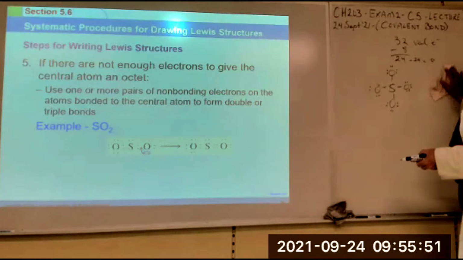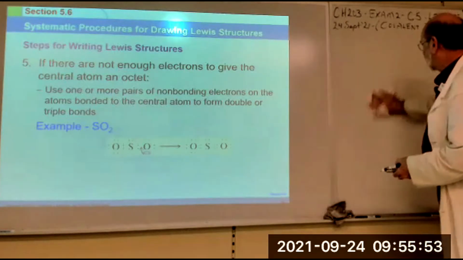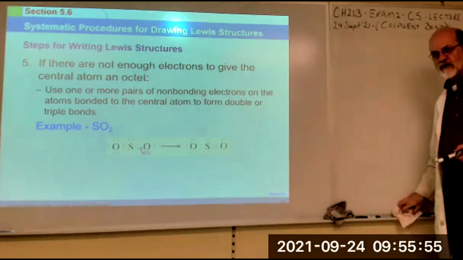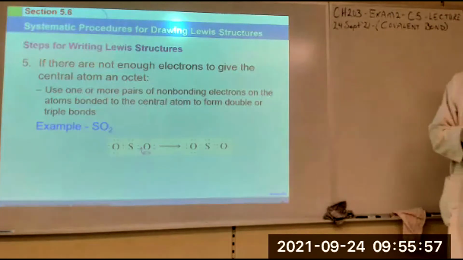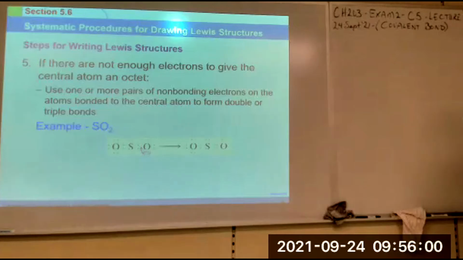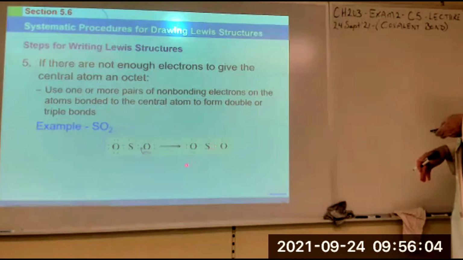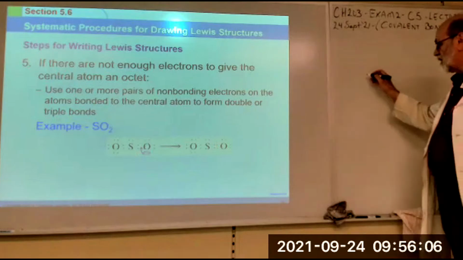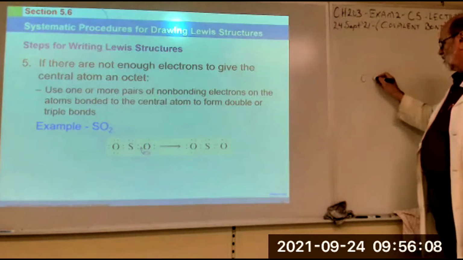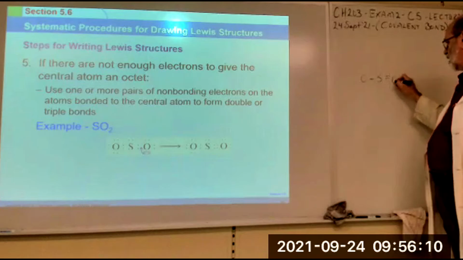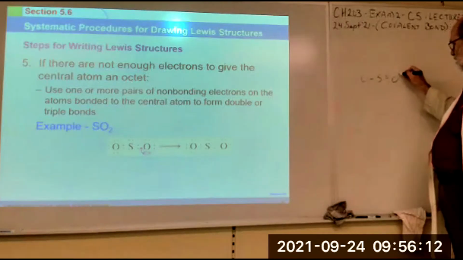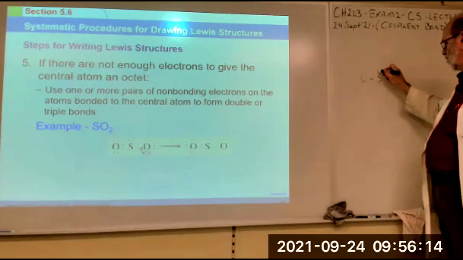We'll get it later. When you can write more than one valid Lewis dot structure, and the structures are equivalent, like these two, one versus the other one. So we have oxygen, single bond, sulfur, double bond, oxygen.